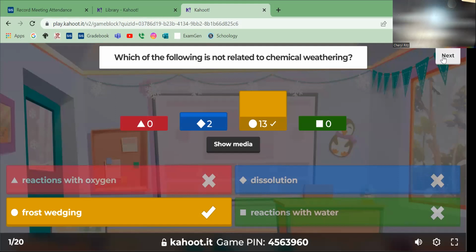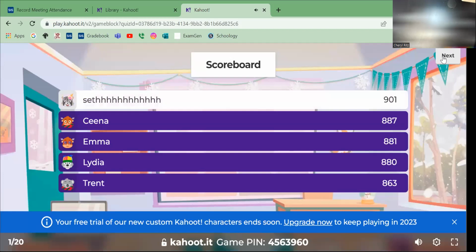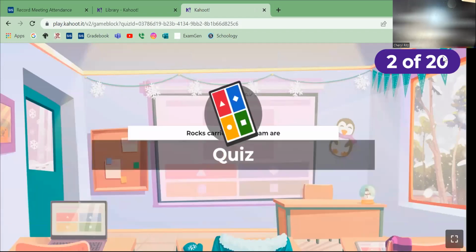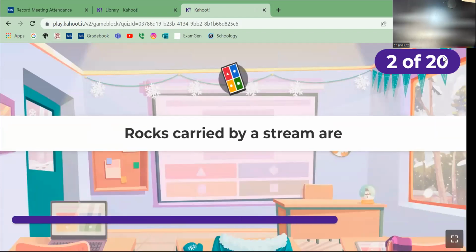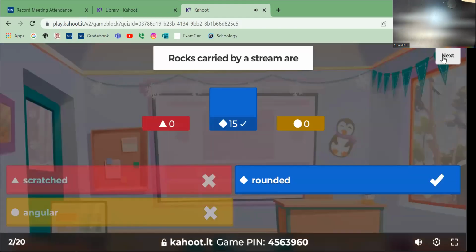Dissolution would be like dissolving. Yep. It's actually coming out of solution, not solution. Rocks that are carried by a stream are. You are welcome to use your notes or your reference table. Nice job, rounded.